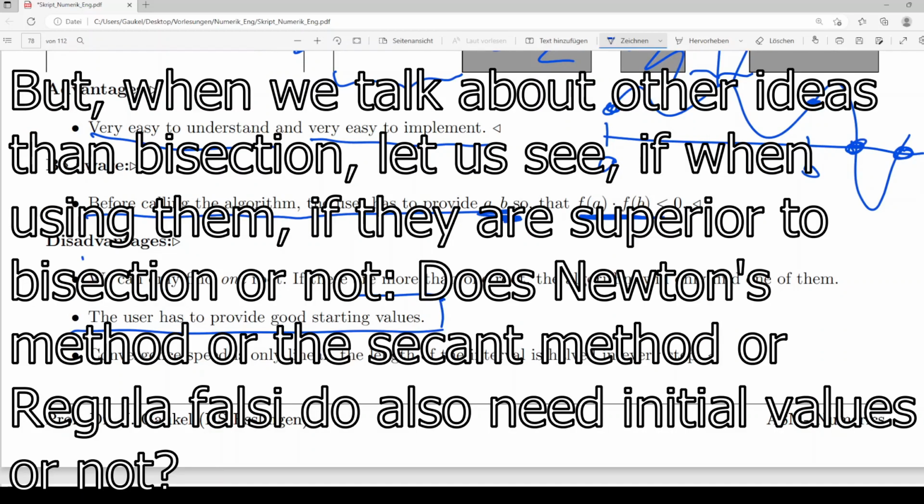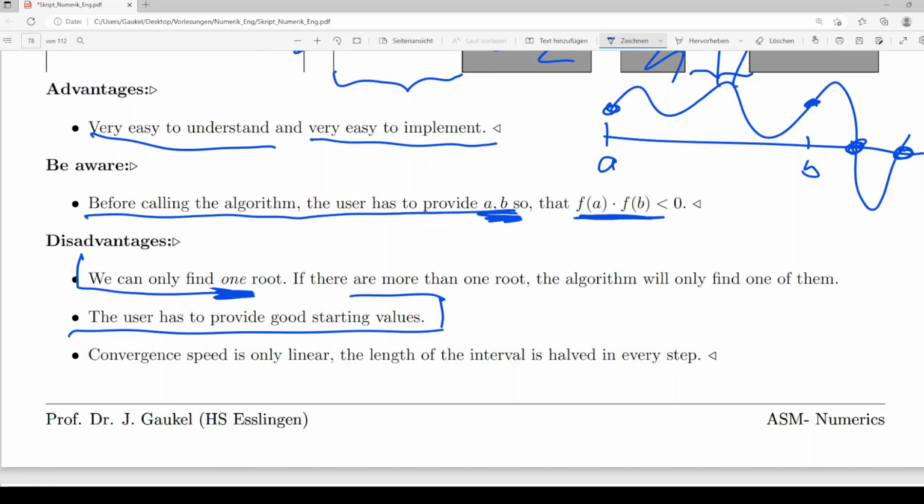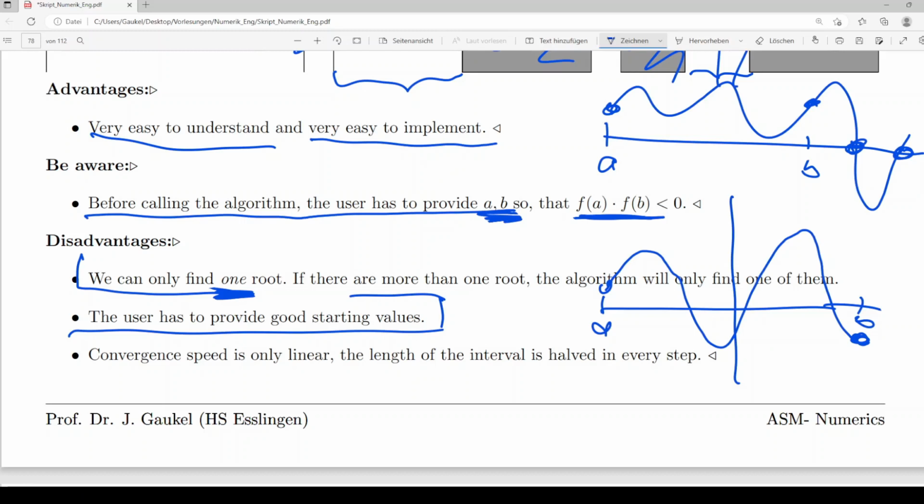One more disadvantage, you can find only one single root, not two roots. If you have the following situation, then if this is your b and this is your a, you take the midpoint, you will throw away this one, throw away that one, and then you will find this root, but not this root and not this root.